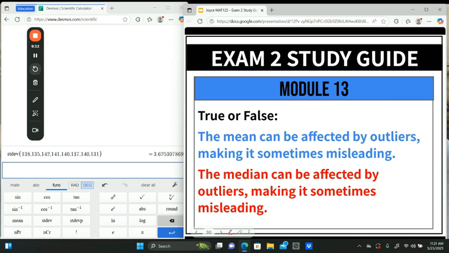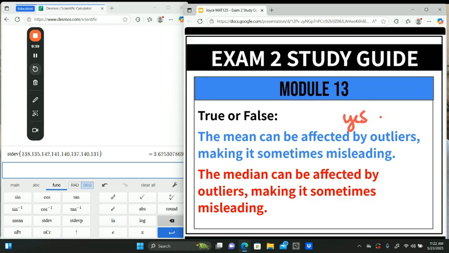All right, we've got 2 statements here. True or false? The mean can be affected by outliers, making it sometimes misleading. Absolutely, yes. Because in the mean, according to your formula chart, you're adding all of the values together and dividing by the number of values. So if one value, let's say, is super large, that's going to affect your sum total of all the values quite a bit.